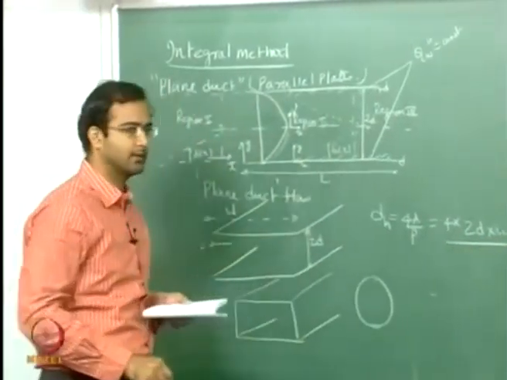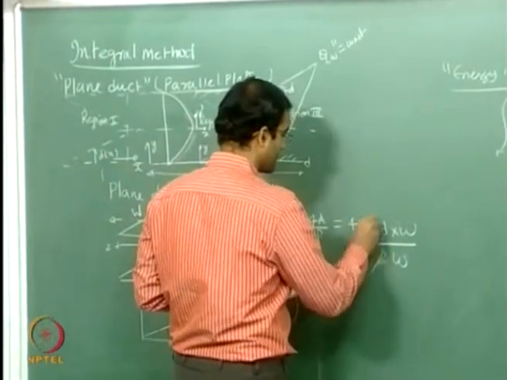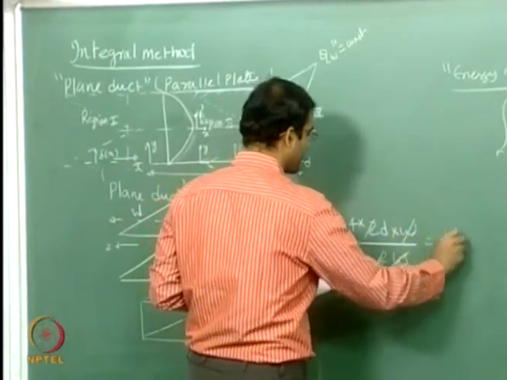What is the perimeter? 2 into W. So therefore this becomes 4d.